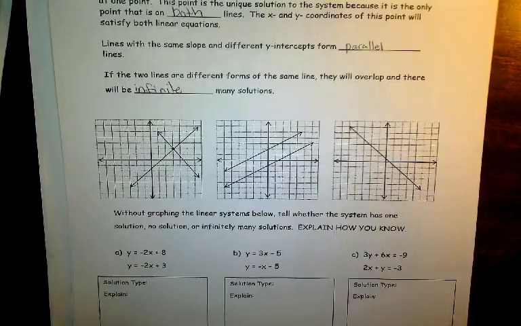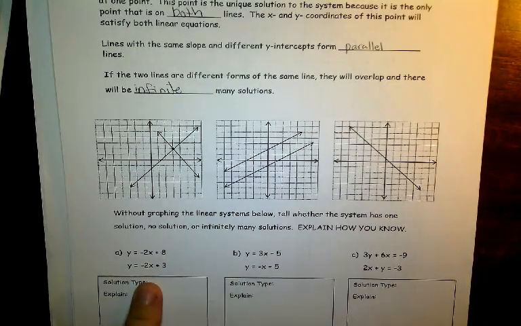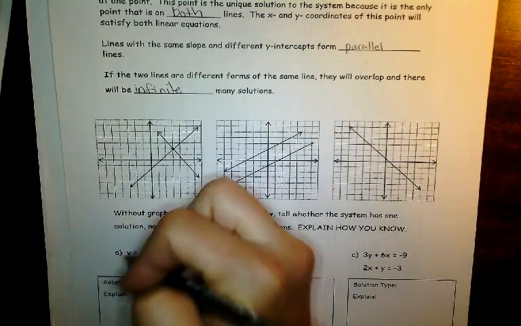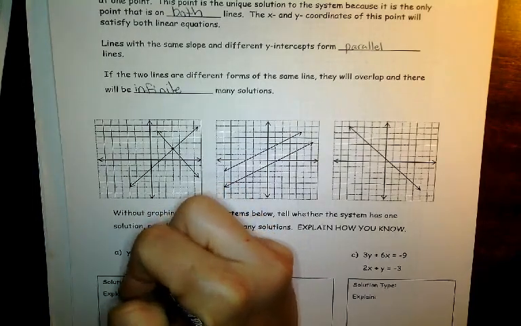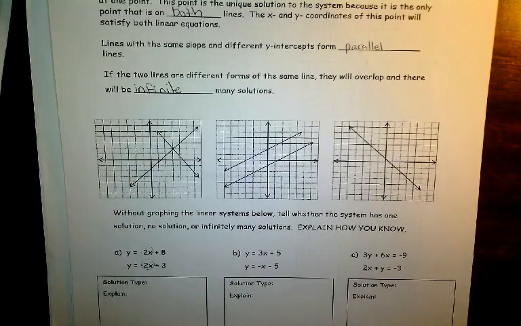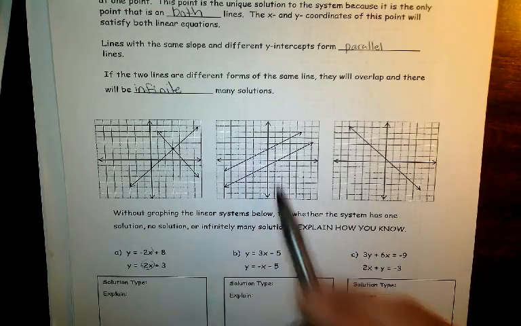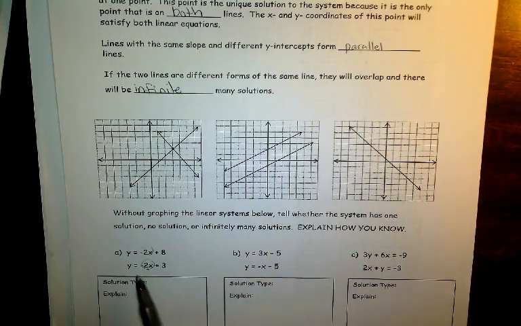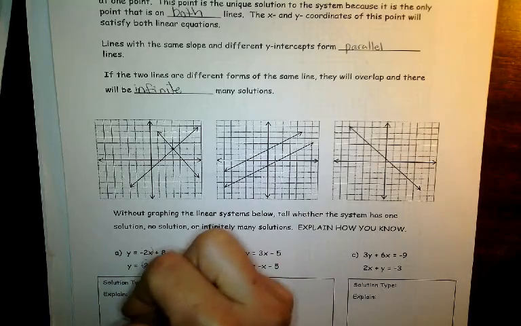Explain how you know. Well, if you look at these two here, and this is not unfamiliar to you, they have the same coefficient, right? So that means their slope is the same, kind of like here, but they have different y-intercepts, meaning they're charging the same rate, but the initial value is different. So this is going to be no solution.